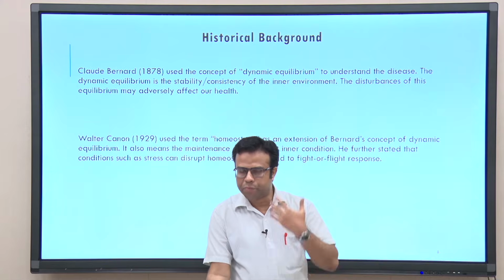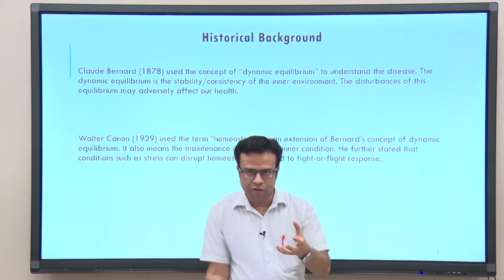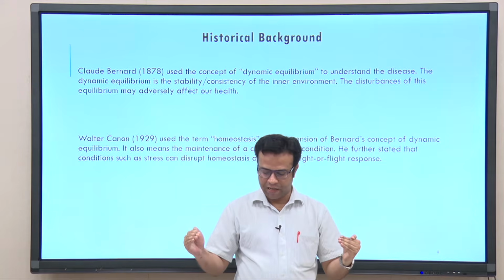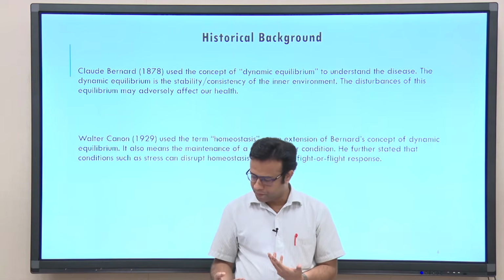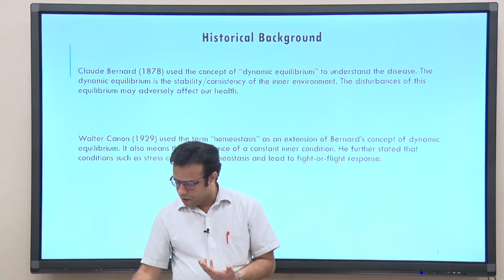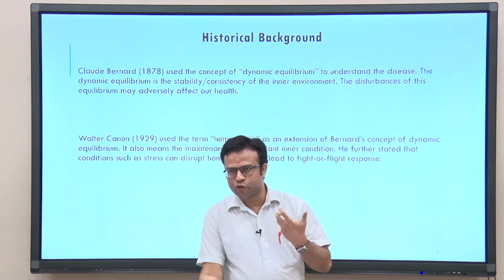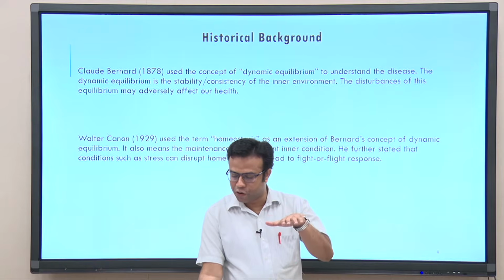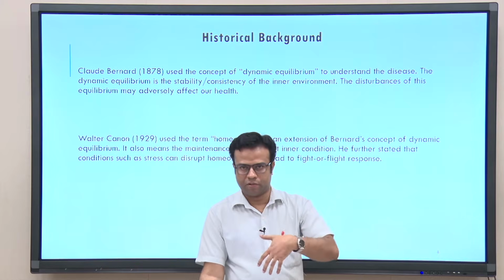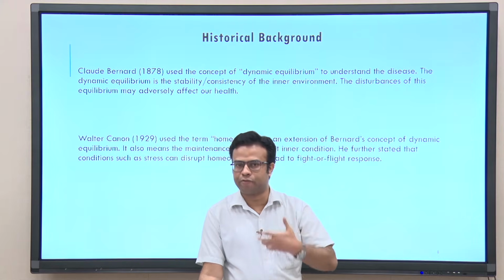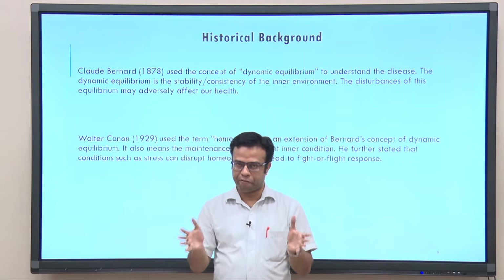But some experiences such as stress, which may lead to the fight and flight response, disturb this homeostasis and can lead to diseases. So, maintenance of life is dependent on maintaining homeostasis in our body. This is very crucial for maintenance of life.